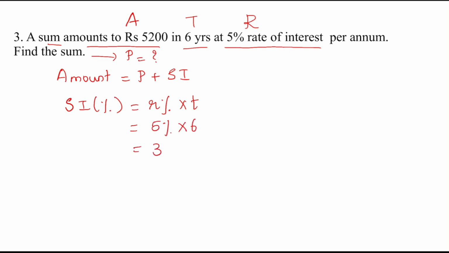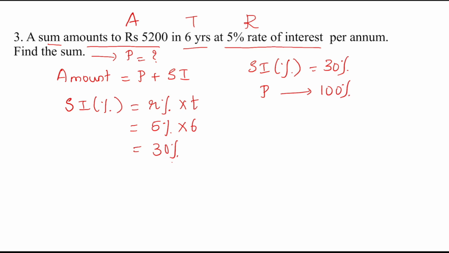So 6 5s are 30%. Now we know that simple interest is 30% in terms of percentage.